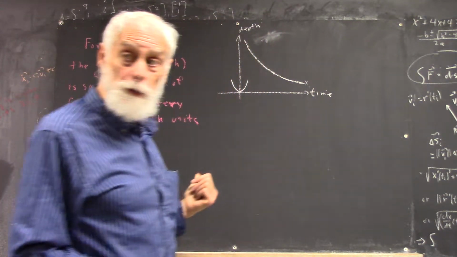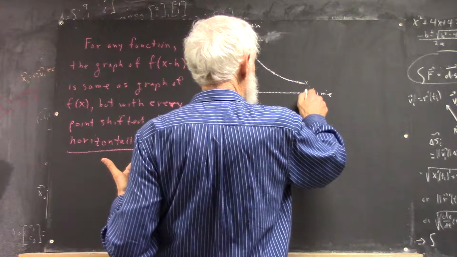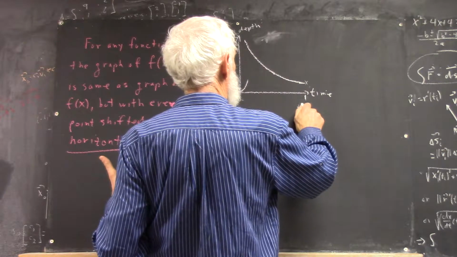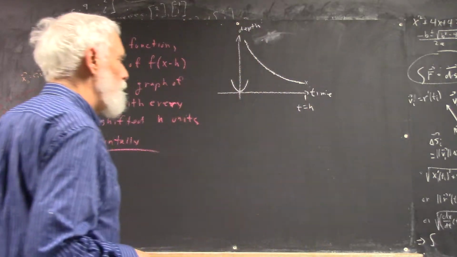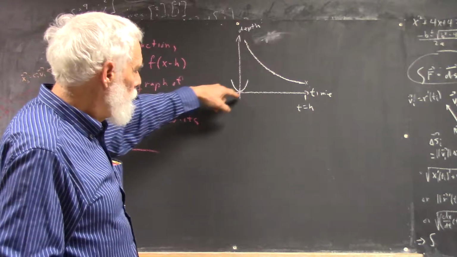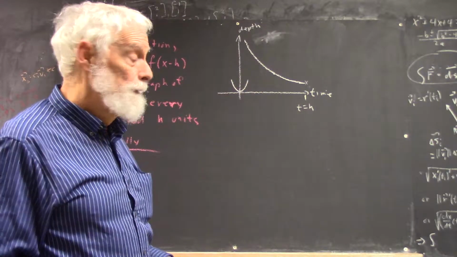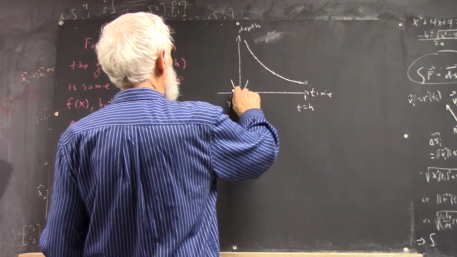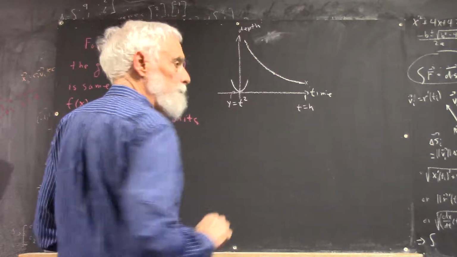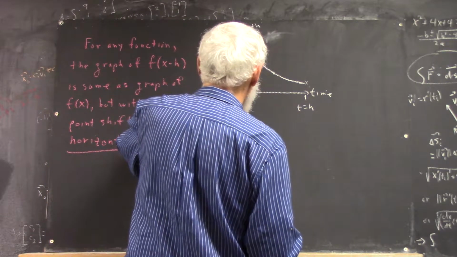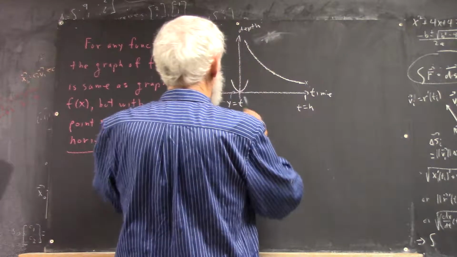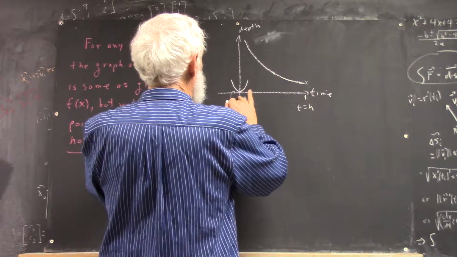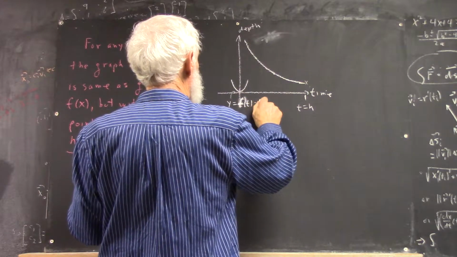What we can do with what we just learned is if we estimate what this time is, okay, so let's say this is where t equals h. Well, we can take this graph, this y equals t squared graph. It's all smudged, but that says y equals f of t equals t squared.